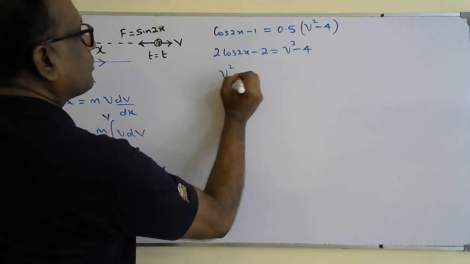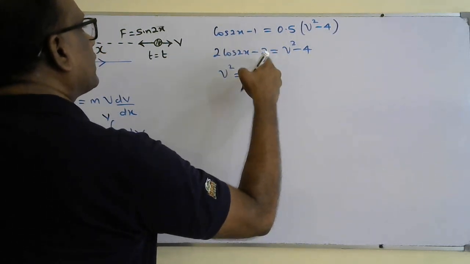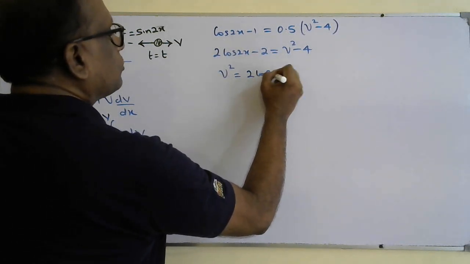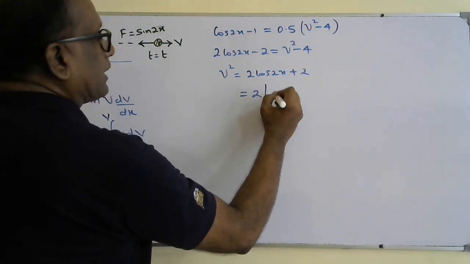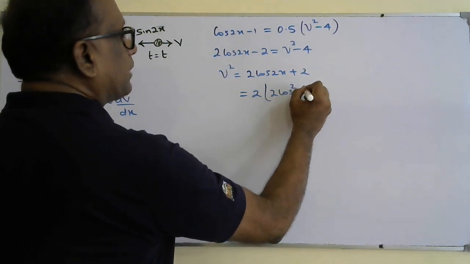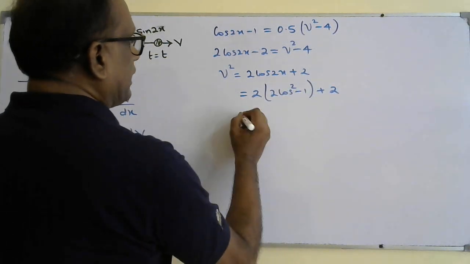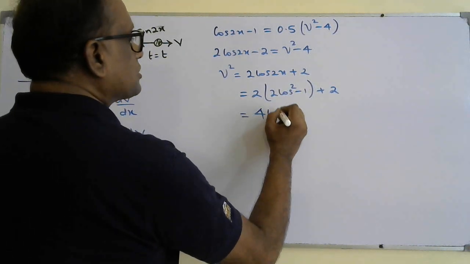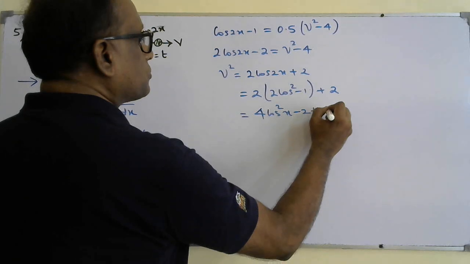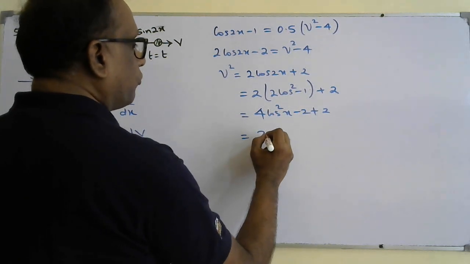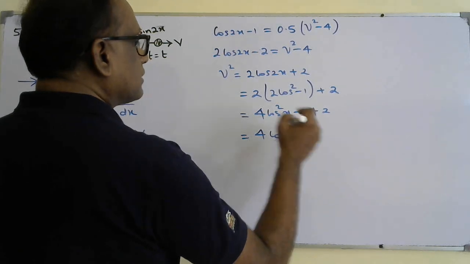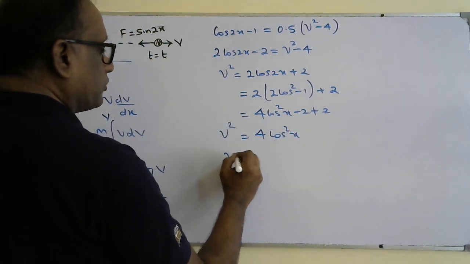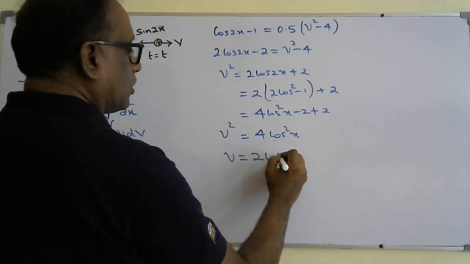So v squared is equal to, we'll solve first, this 4 comes plus, that means 2 cos 2x plus 2. 2 cos 2x could be written as 2 (2 cos squared x minus 1) plus 2. It's going to be 4 cos squared x minus 2 plus 2. So that will be 4 cos squared x, that is v squared. So v is going to be 2 cos x.